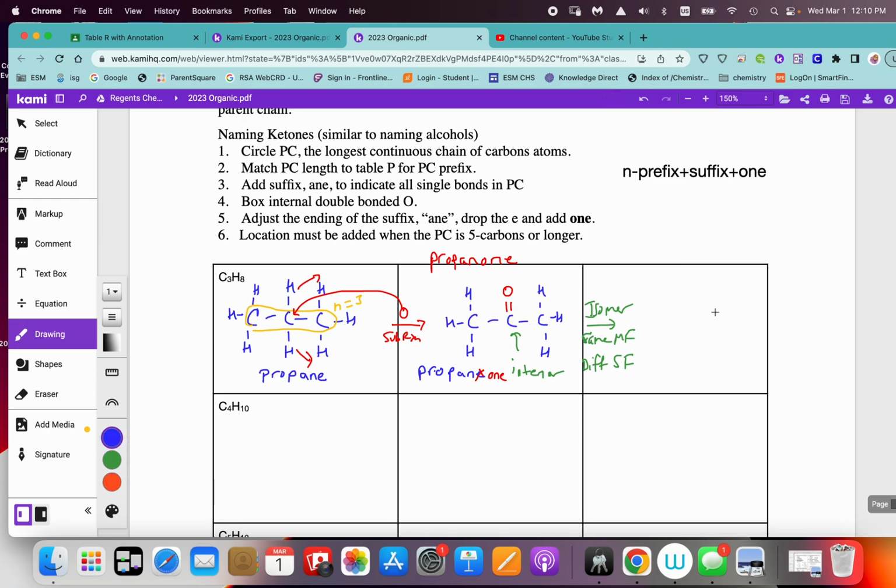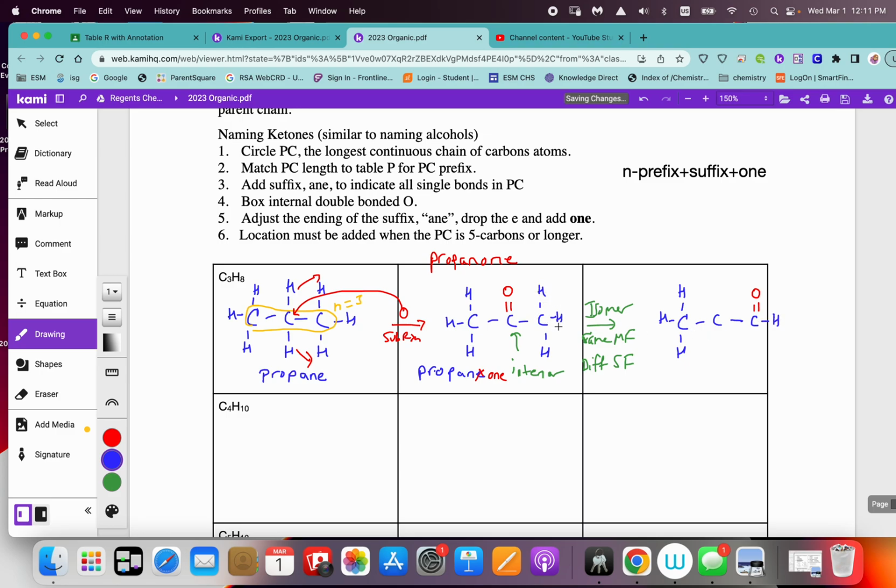So here we go. Carbon 1 still keeps its 3 hydrogens. Carbon 2 had that double bonded oxygen, but I'm going to move that double bonded oxygen to carbon 3, right? But carbon 3 had 3 hydrogens. So carbon 3 with the double bonded oxygen now has 3 bonds, so it needs 1 more bond. So I'll add a hydrogen on there.